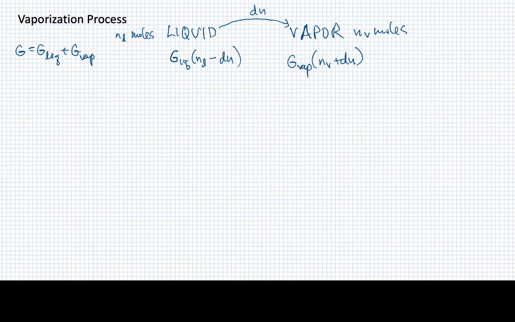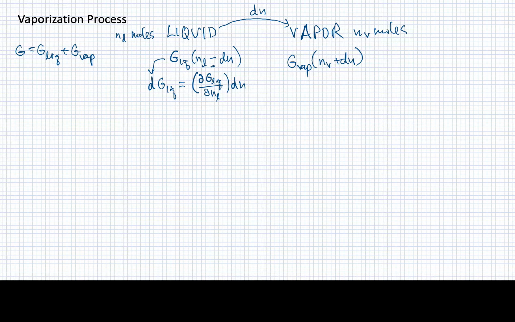Somehow I want to relate these things to incremental changes in the Gibbs energy itself. So in other words, I may want to cast this as an incremental change in the liquid part of the Gibbs energy, and that would be equal to the partial of the liquid part of the Gibbs energy with respect to the number of moles in the liquid, times dN.